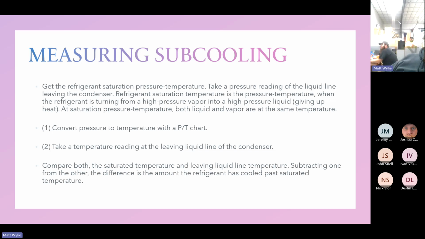One, convert pressure to temperature with a PT chart. What was it, Dustin, at Costco, Idaho Falls? The microthermal was reading only the PT chart of Bitzer, right? Vaguely rings a bell.